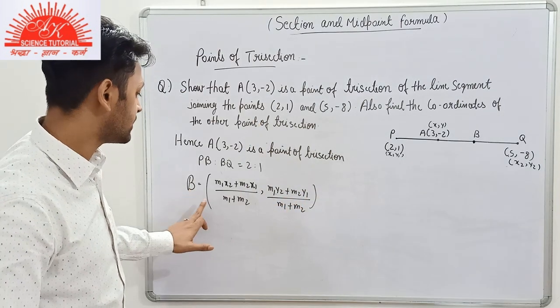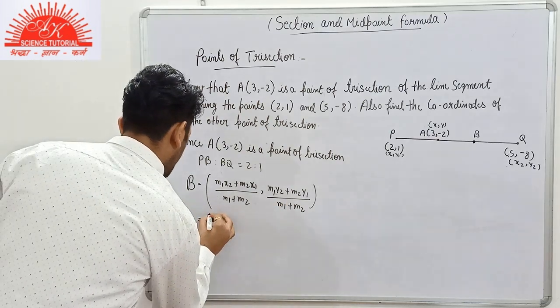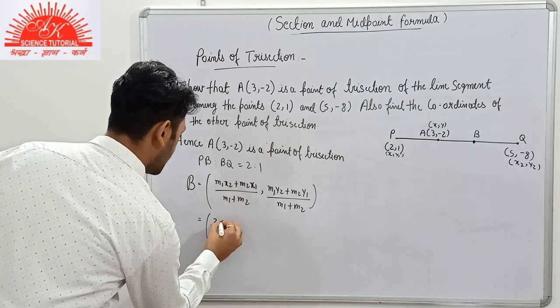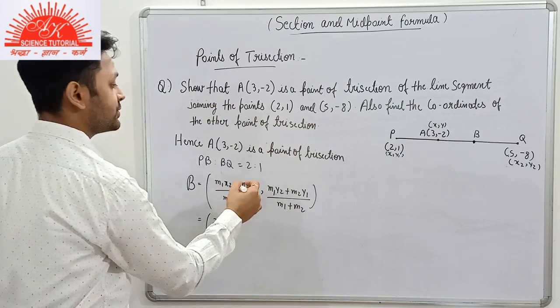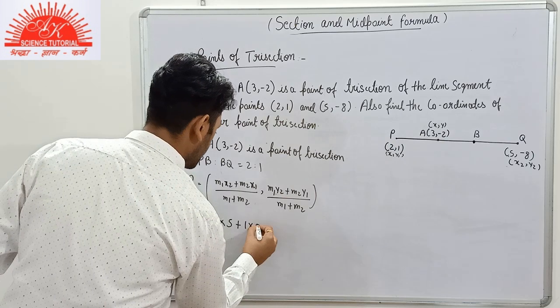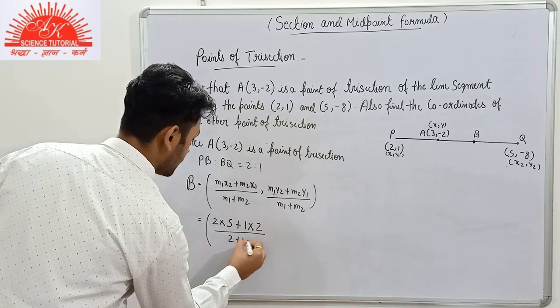Now we will simply substitute the values here. m1 is multiplied by x2. m1 here is 2, it is multiplied by x2, that is 5. Again m2 is multiplied by x1, which means 1 is multiplied by 2, divided by m1 plus m2, which means 2 plus 1.